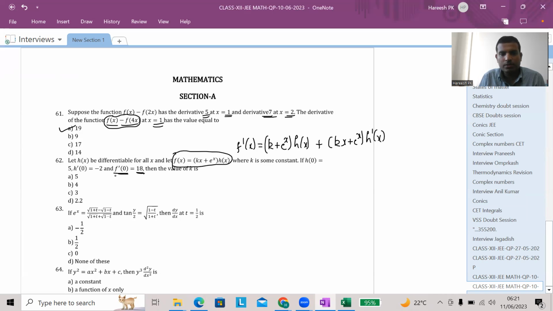Now substitute x as 0. So we end up getting f dash 0 is k plus e power 0. E power 0 is 1. And h of 0. H of 0 is given as 5.